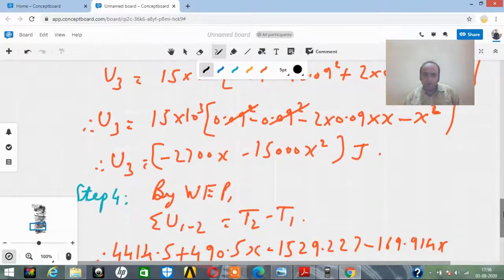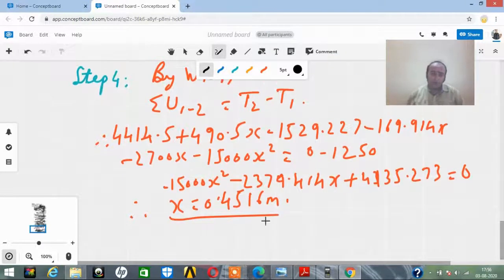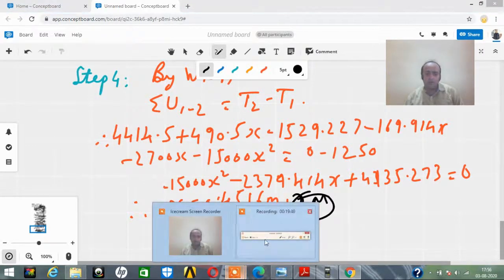Work done by spring force, a quite tricky part, gives 1 mark. And last but not the least, the final answer along with the calculation, x is equal to 0.4516, gives 2 marks. So this is how the problem gets completed, and it will give you 6 marks in the university paper.